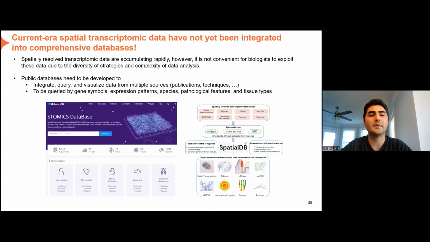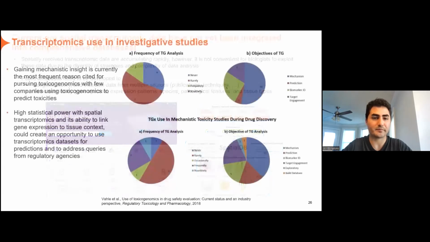Currently, there are very limited opportunities to do that with spatial transcriptomics. There is one spatial database that's generated and has some data points for a number of species, but it's still very limited. And I think that there needs to be more done in that direction.